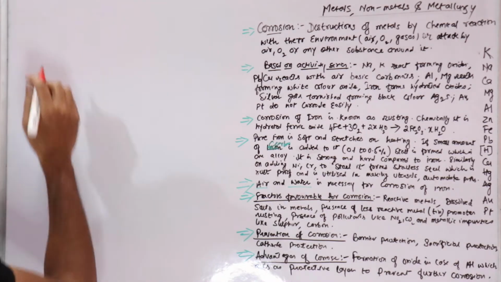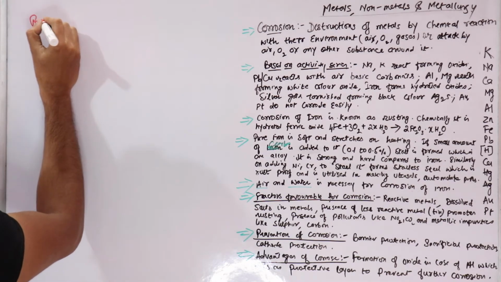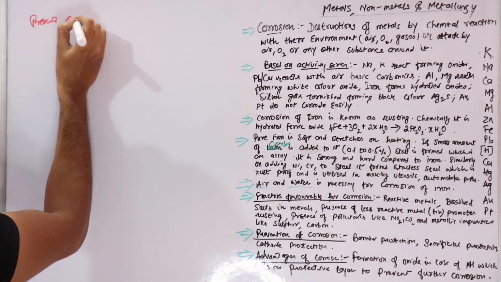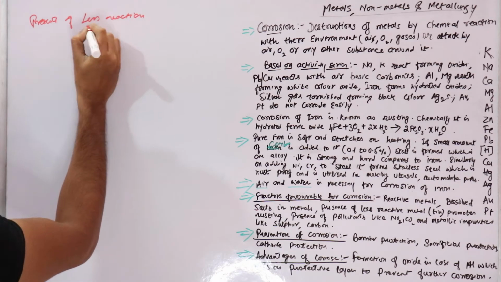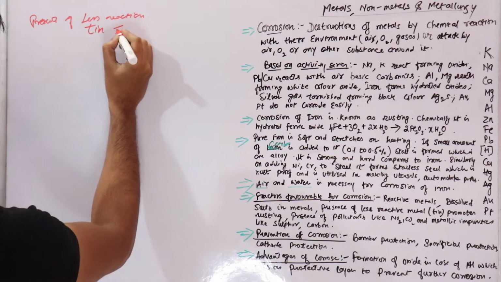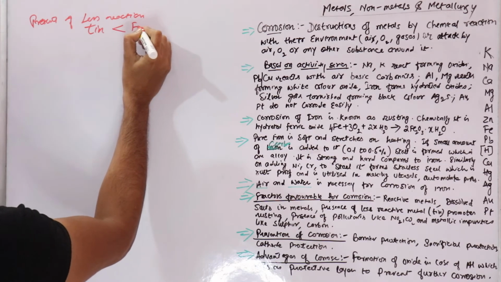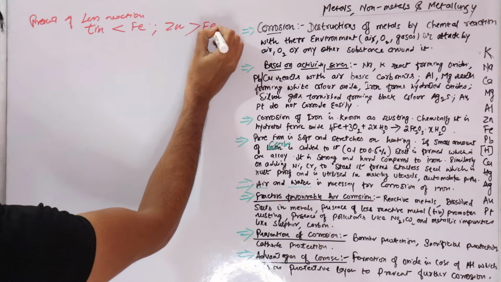So in the presence of less reactive metal, for example we have tin which is less reactive than iron, and we have zinc which is more reactive than iron.